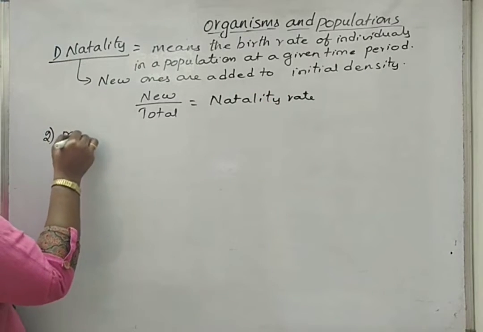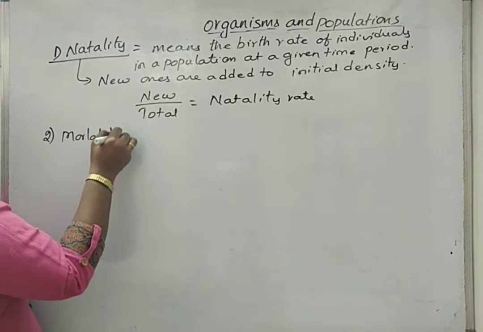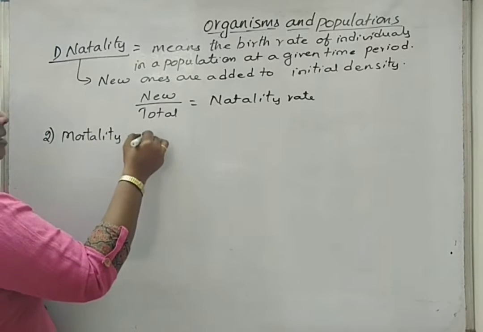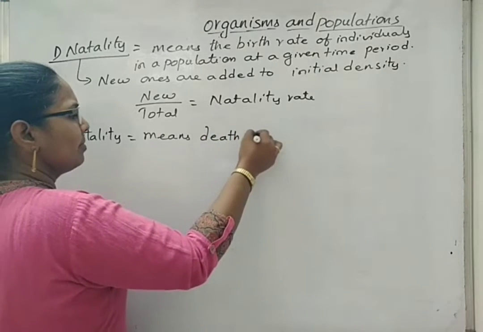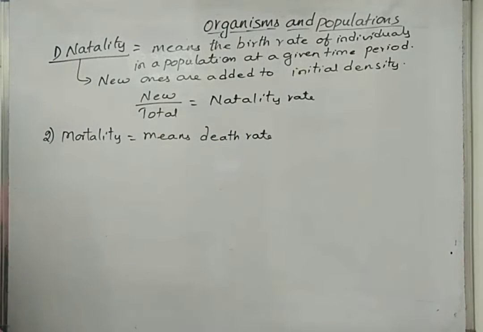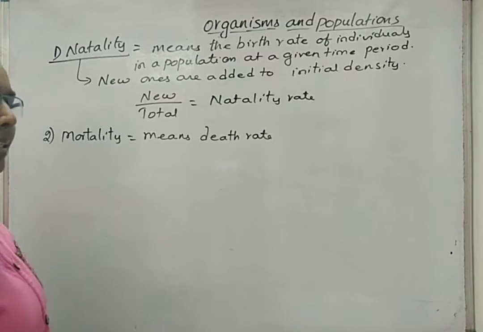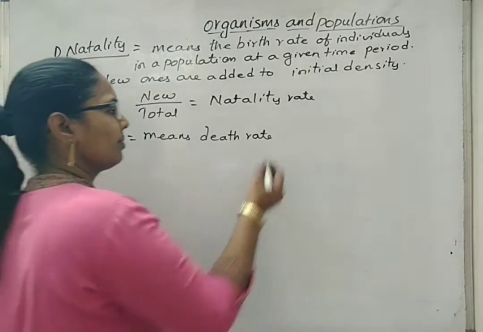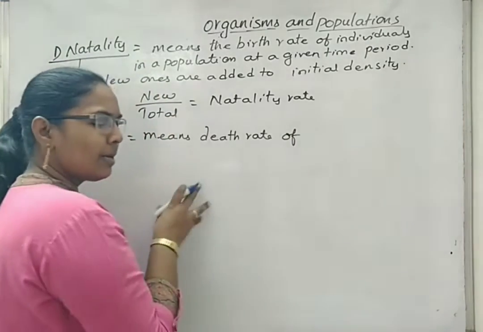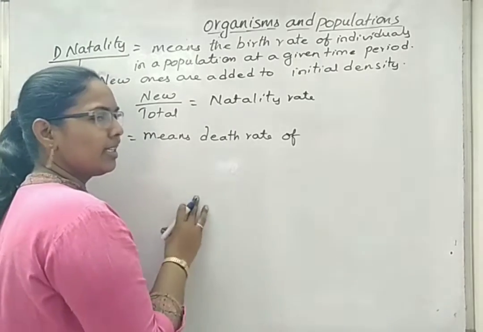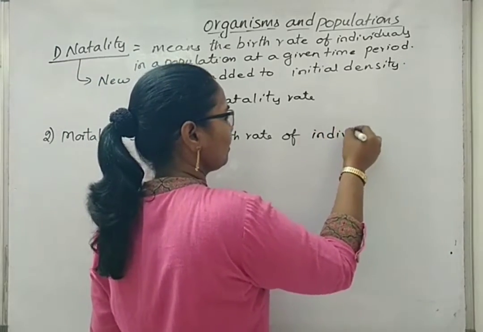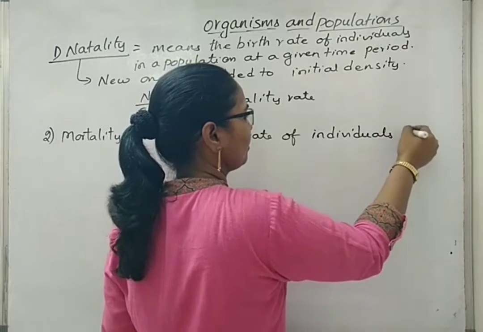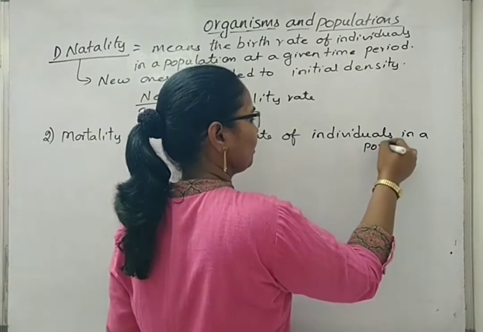Second one, mortality, means death rate. When death happens in some of the individuals in a population, it means that some of the organisms were decreased in that population. Death rate of individuals in a population.